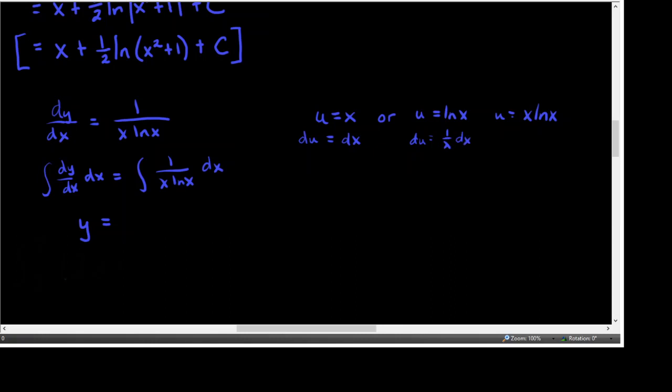In the third case, oh my gosh, that's going to be a product. So that's going to be first times the derivative of the second plus the second times the derivative of the first, which is times dx, which is 1 plus ln of x dx.